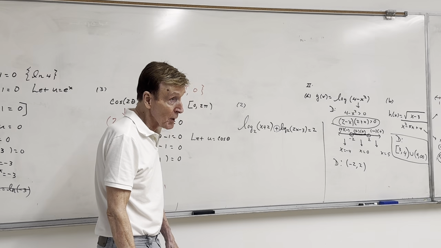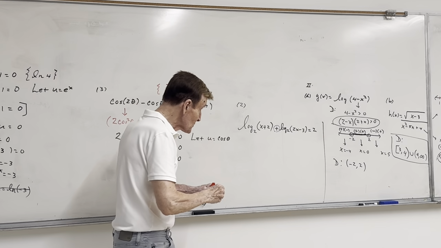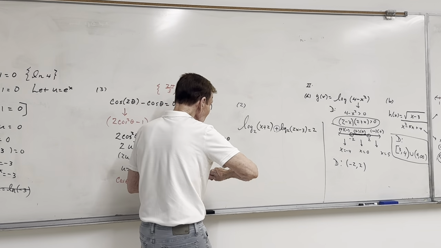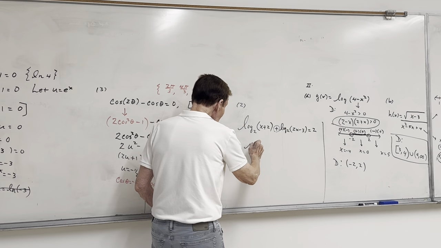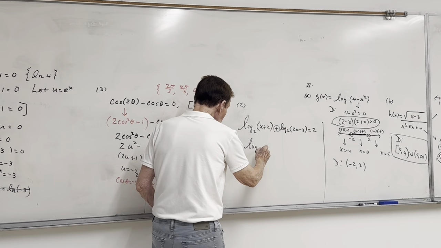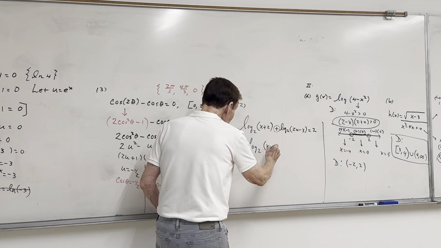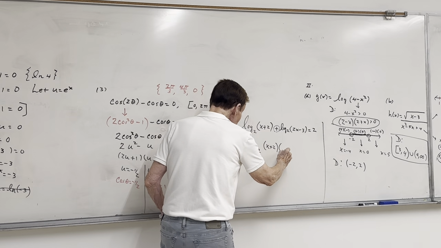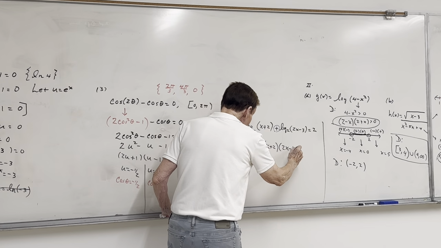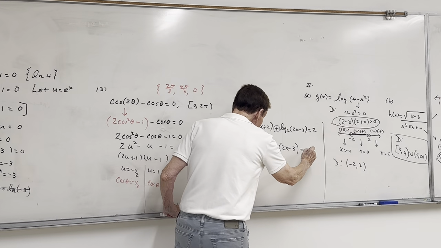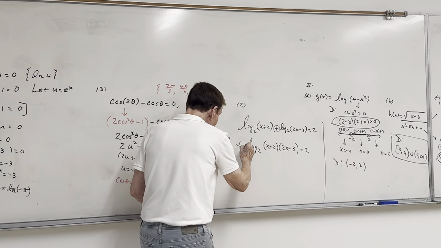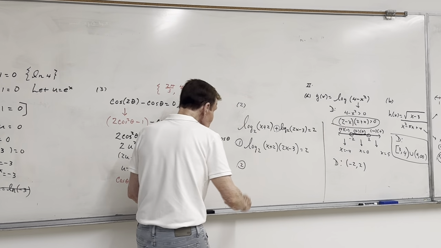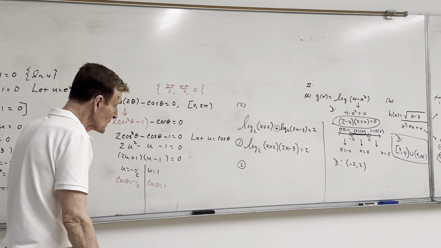It says change this to a product. So that says please rewrite this as one single log, in this case log base 2, and have a product property: x plus 2 times, not add, 2x subtract 3, and all that's equal to 2. That's step 1 of the property of logs for help, product property.